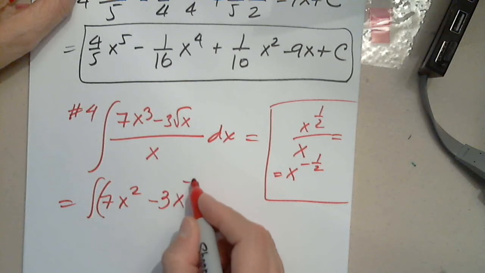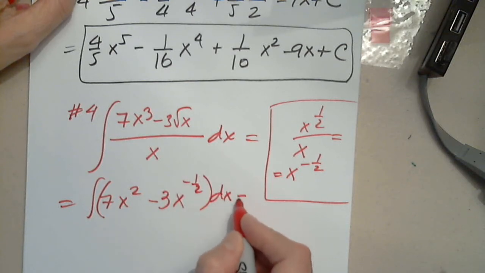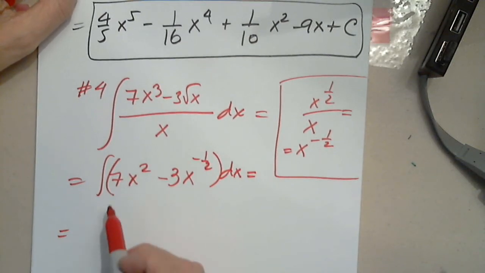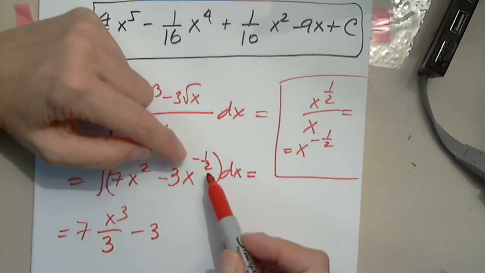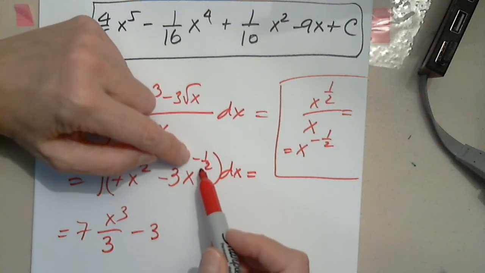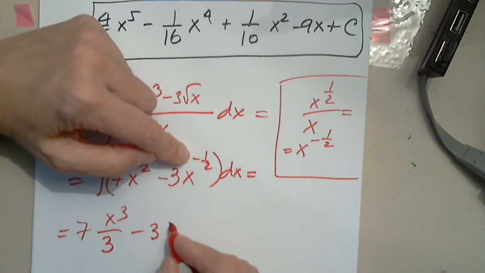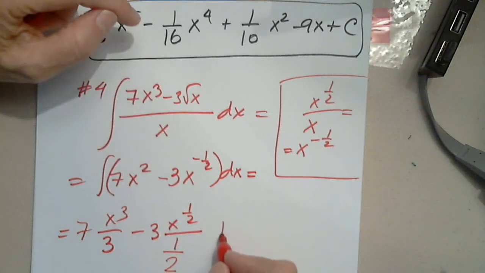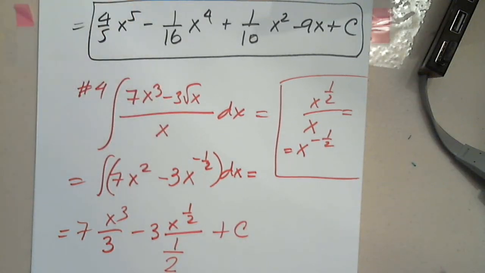So I have x to negative 1/2 dx. And now it's 7x to the 3rd over 3 minus 3. I have to increase the power of the numerator by 1. So negative 1/2 plus 1 will be 1/2. I have to divide by exactly the same number plus a constant c.